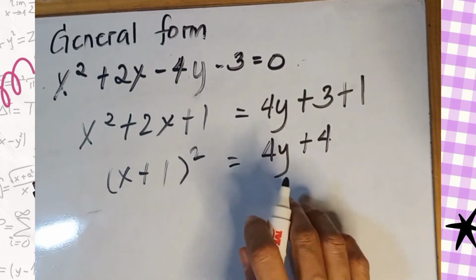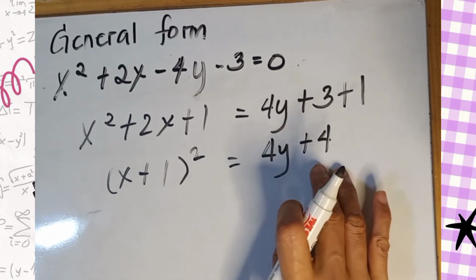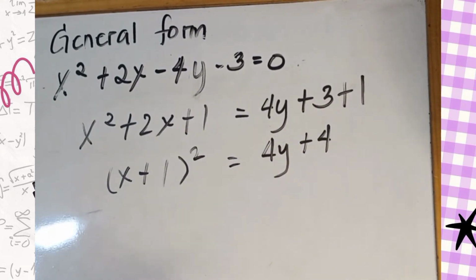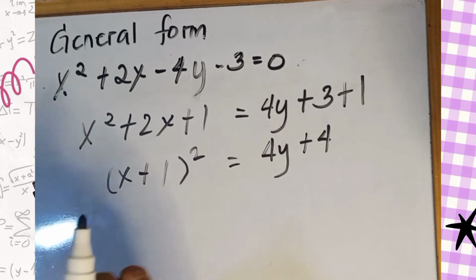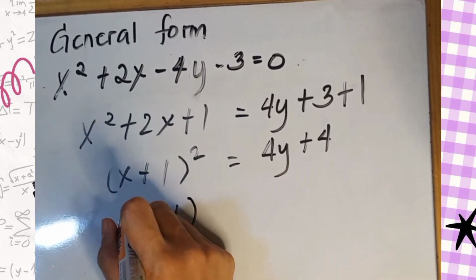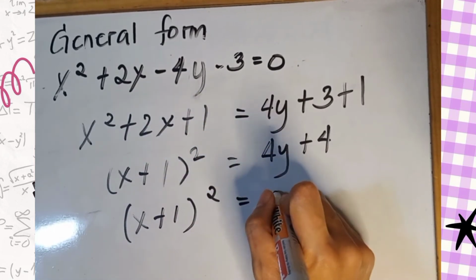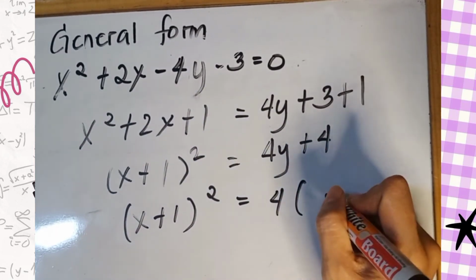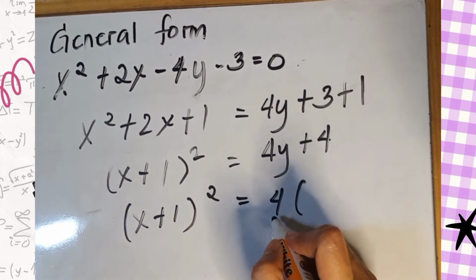Okay? So, nakita natin yung 4y plus 4 has also a common factor. So, ano yung common factor niya? That is 4. So, pwede pa rin natin siyang i-factor as x plus 1 squared is equals to 4. 4 is the common factor.